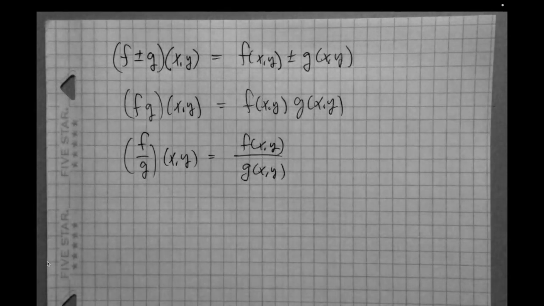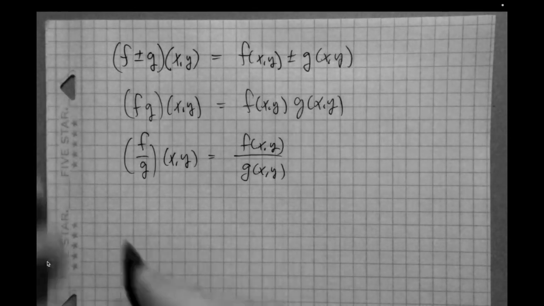Okay, now where we run into a little bit of a wrinkle is when we talk about composition of functions, right? It's not possible to combine two functions of several variables, but what you can do is take a function of several variables and compose it inside of a function of a single variable.